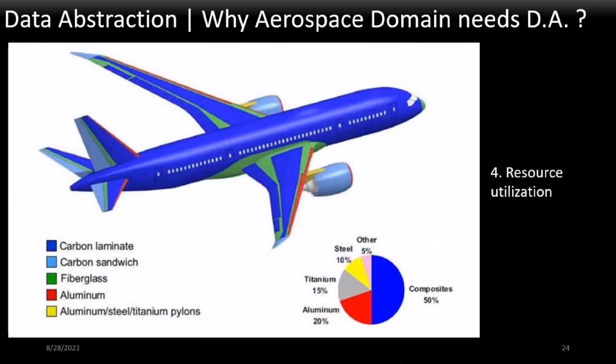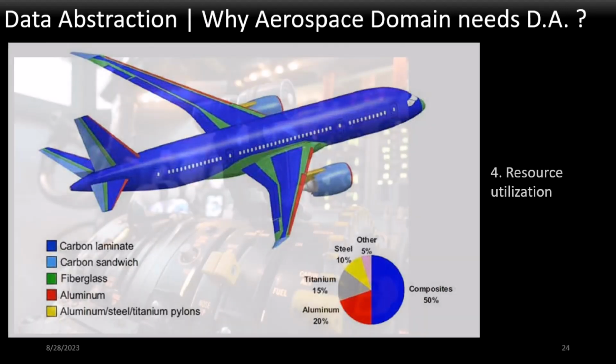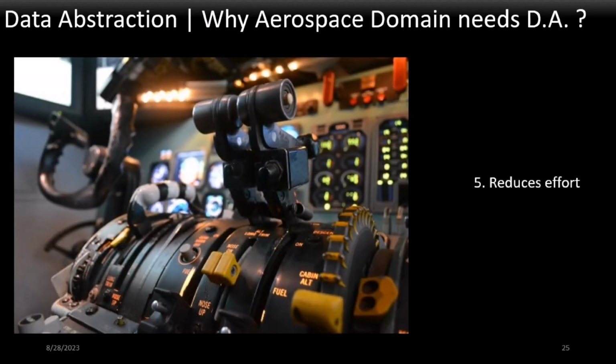Understanding the stress, strain, and aerodynamics of the flight, we are adapting the flight to different types of materials, which provide lightness to the aircraft to fly easily. This is an application of data abstraction, reducing the efforts of pilot, crew members, and ATC center as well as the passengers.